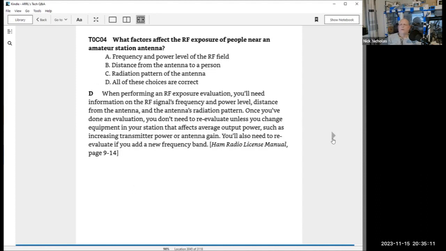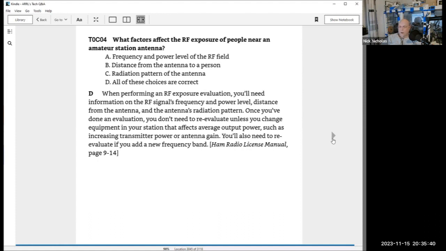What factor affects RF exposure of people near amateur radio station antenna? The frequency and the power levels affect the RF exposure. The distance of the antenna to the person affects it, and the radiating pattern of the antenna all affect how much exposure will occur.